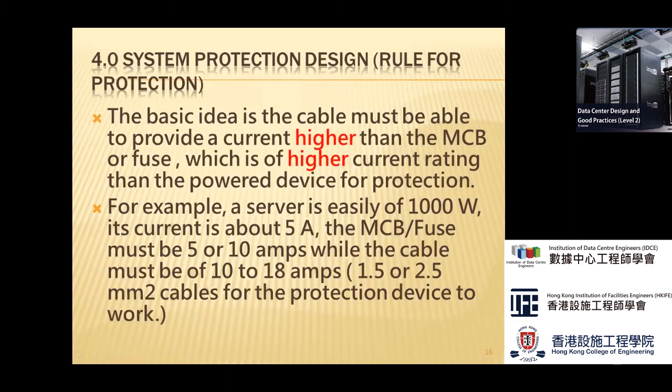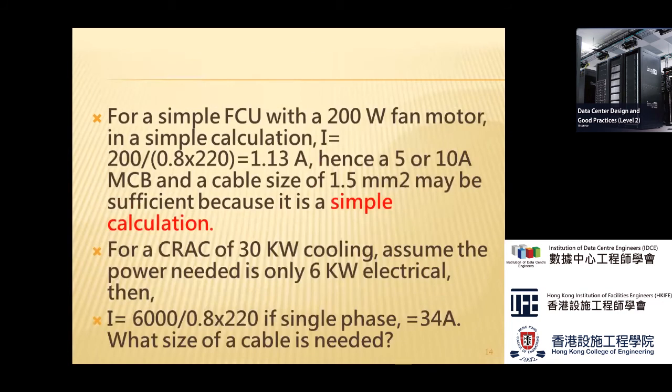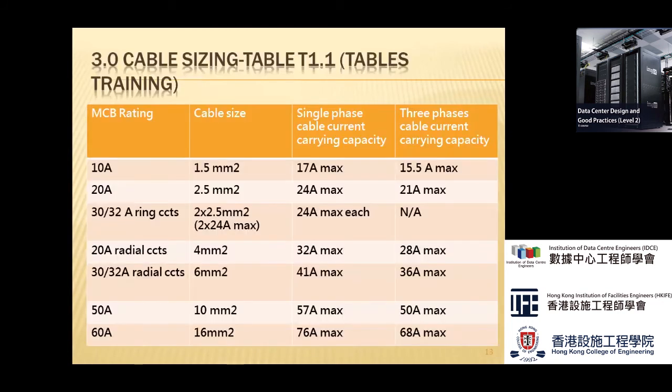I think in this case you can choose 10 amps, which is safer. But you can choose 5 if you don't mind the tripping frequently. Then the cable size, because it's only 10 amp, shall be 1.5 mm squared first, like this cable, 10 amp. You need that.